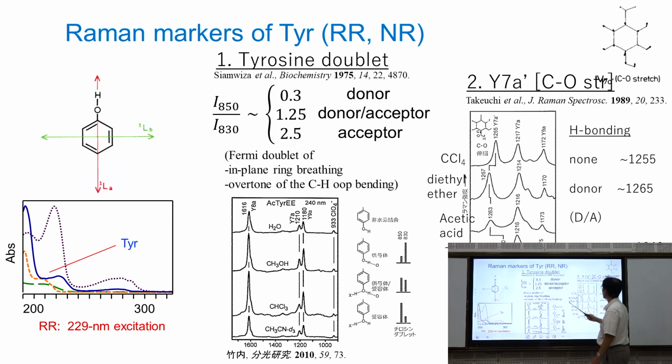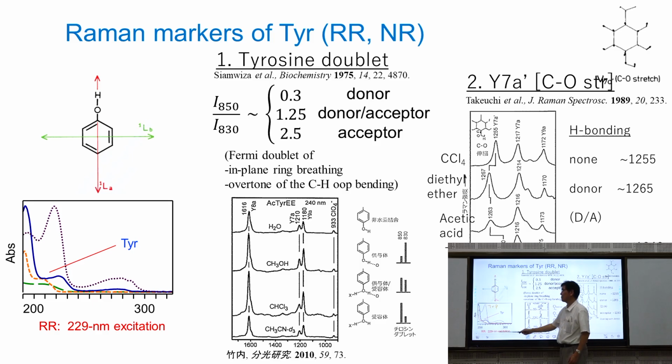About the tyrosine, we can choose an excitation wavelength to get selective information of the tyrosine side chain. It is similar to the resonance condition of the tryptophan.